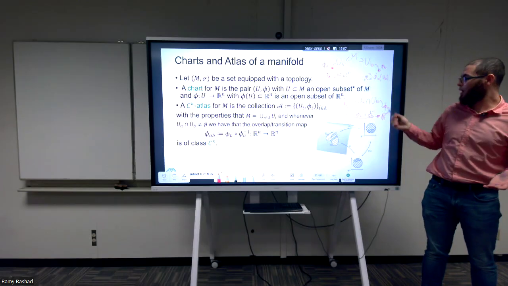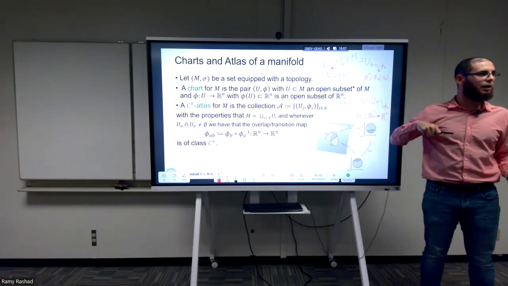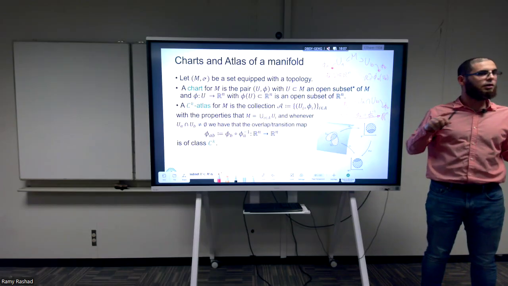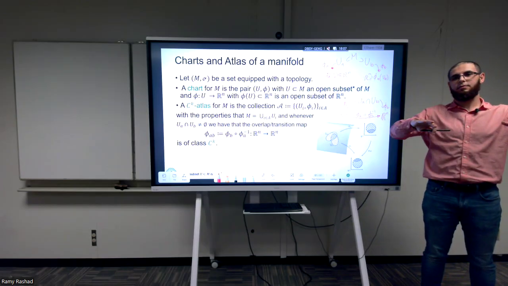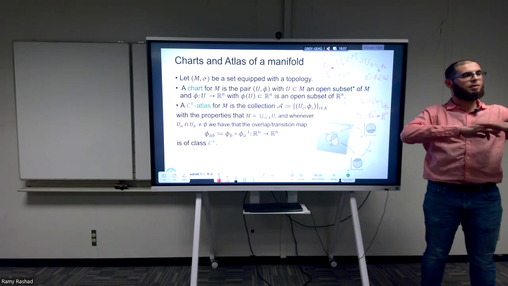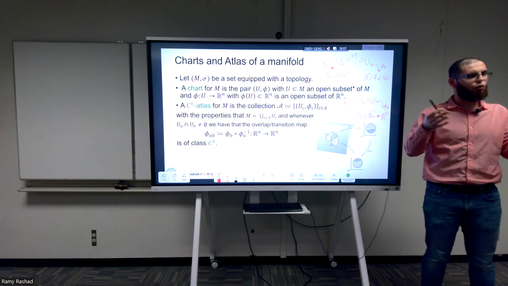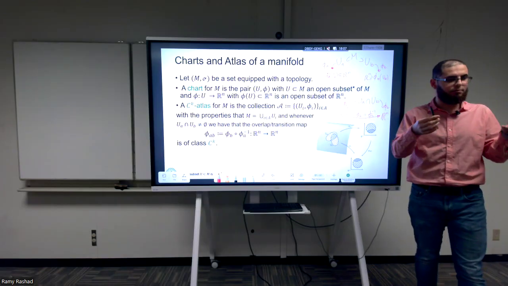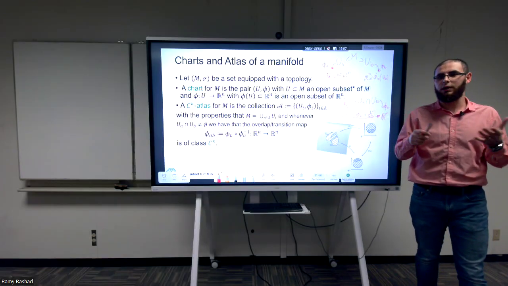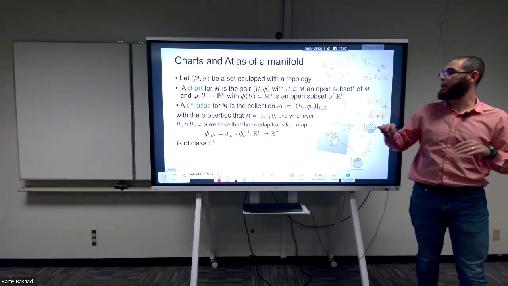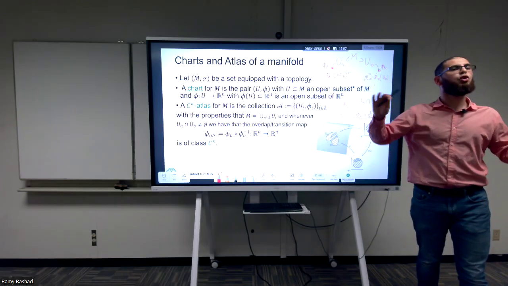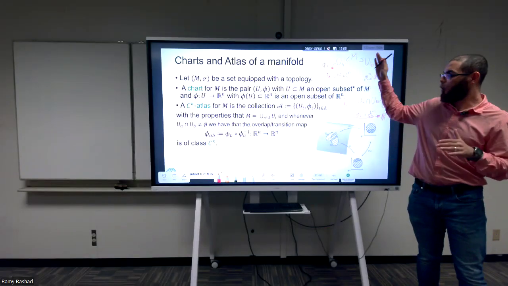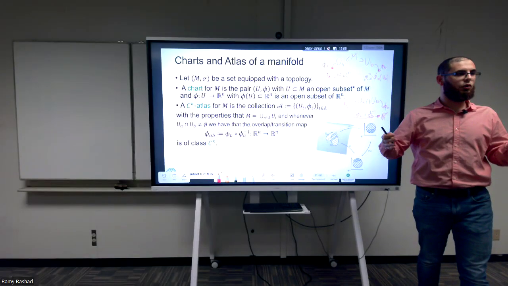And if you equip a set with a smooth atlas and you have the topology, we call this a smooth manifold. This is usually the basic assumption for people who work in robotics: assume M is a smooth manifold, and that's it. All of this is underlying what that means.